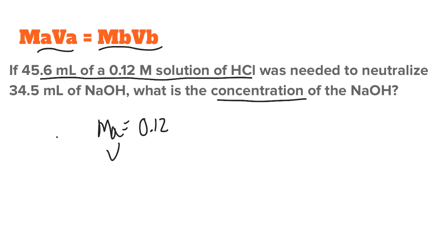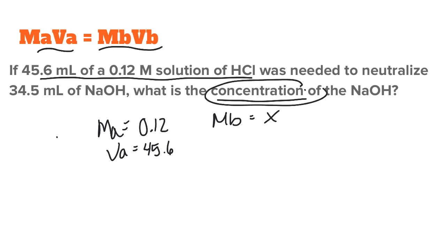Our volume of our acid is going to end up being 45.6. And then if we look at molarity of base, that's what we don't have. That's our X. That's what we're trying to solve for because we're looking for concentration of sodium hydroxide. And then we have our volume of base, which is given to us as 34.5 milliliters.